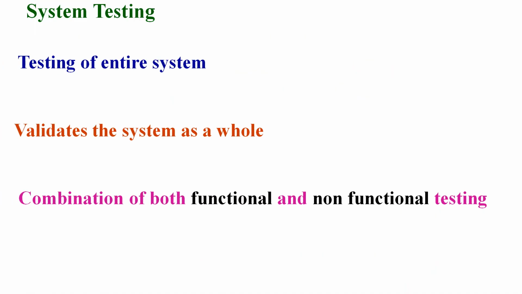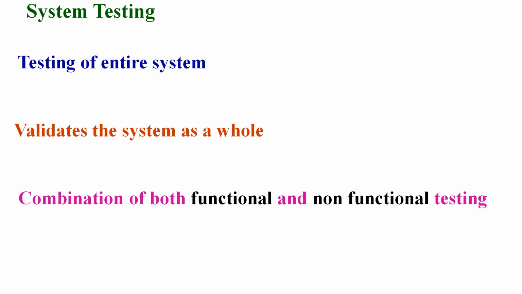Before going to functional testing, we will have a quick recap about system testing. What do you mean by system testing? System testing is testing the system, that means testing of the entire system. Here the system is nothing but a project. Testing the entire project at a time is called system testing.